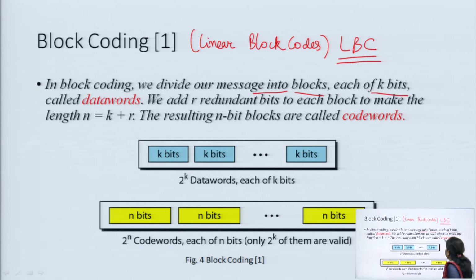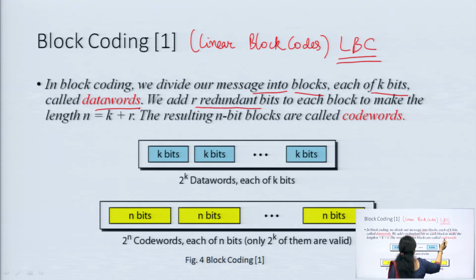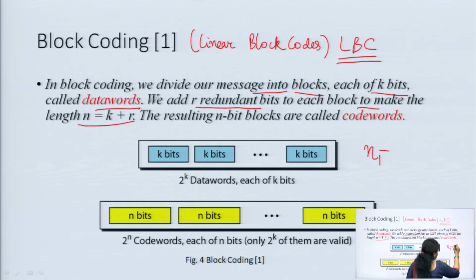Now, each block of k bits is called a data word. So, we add r redundant bits to each block to make the length n equal to k plus r. Let me explain what this is saying. n is equal to k plus r.